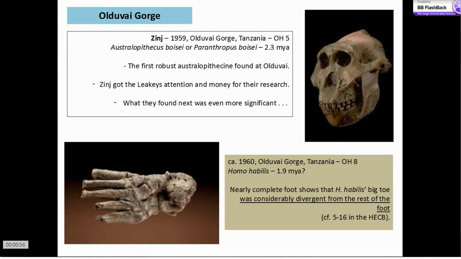And so really the exciting thing was that this was a creature that was in transition. The big toe had not come into line and become the big toe yet. It was still a little bit like a thumb on the foot, but we were already walking on two legs. That gave them a big clue that Olduvai Gorge was the place to look if you wanted to understand the evolution of bipedality.